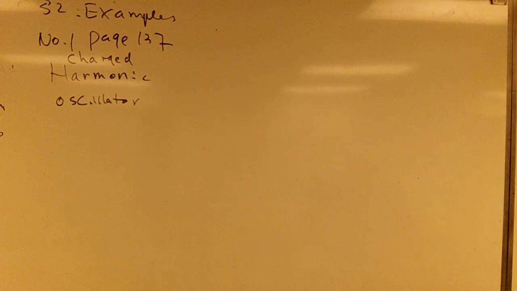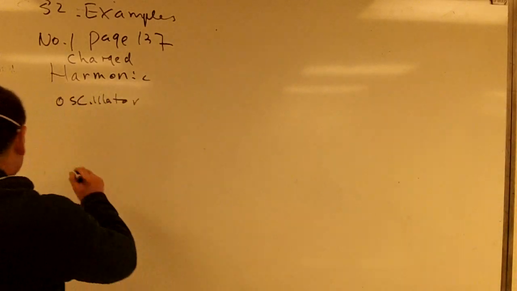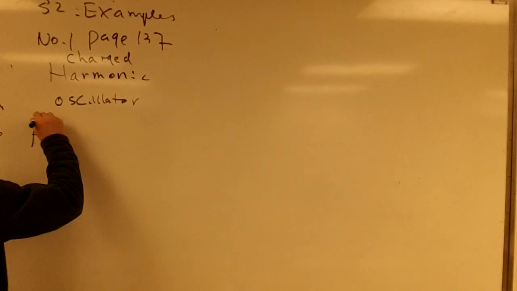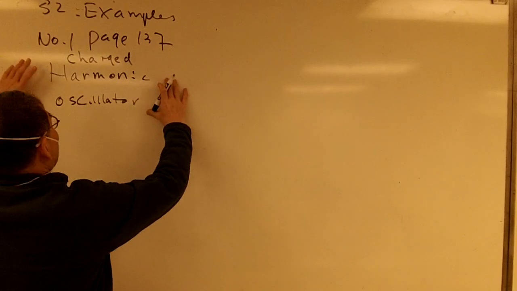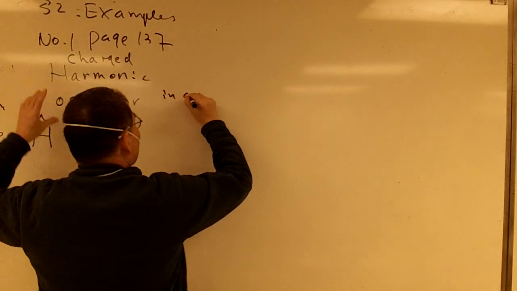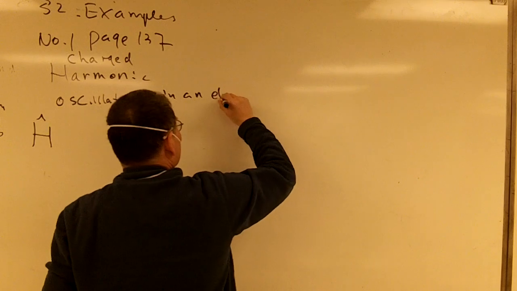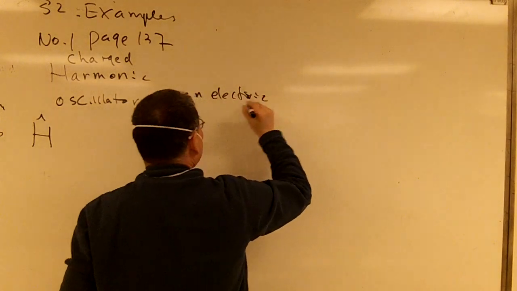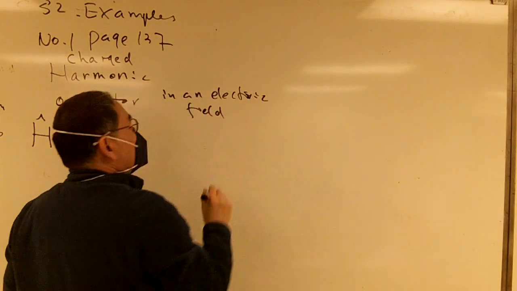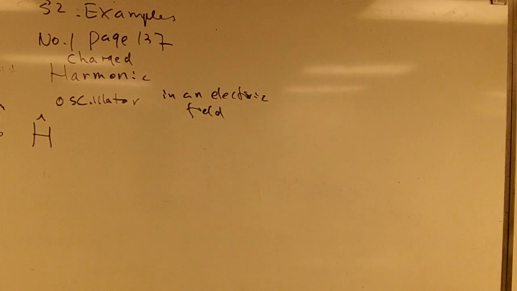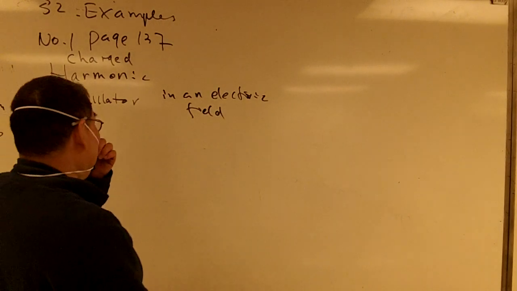So that's why we will have these two different terms, which is quite important. So the entire Hamiltonian, and we place this harmonic oscillator in an electrical field. This is not some kind of artificial problem.